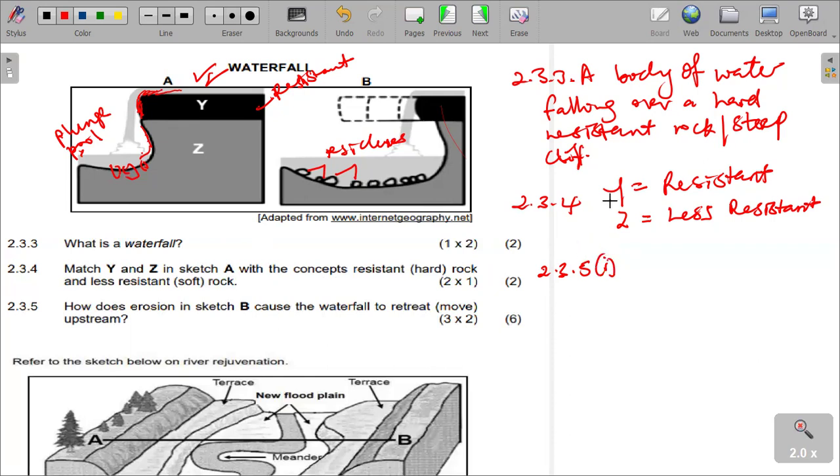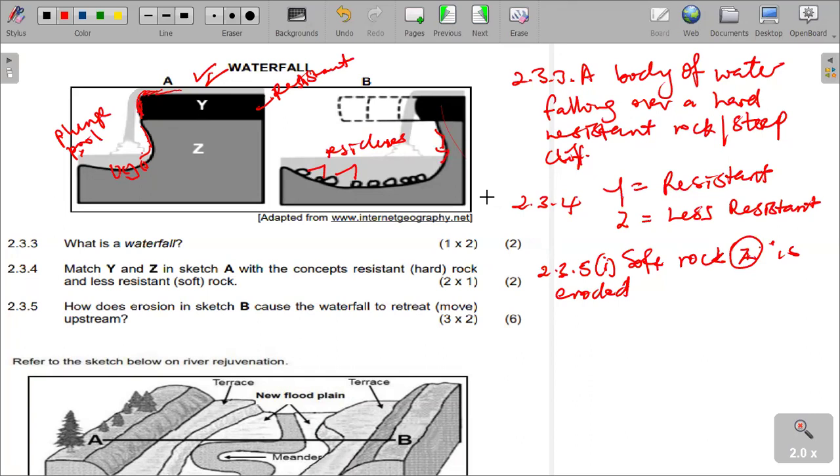We are saying the soft rock is eroded, leaving the overhang. Soft rock, which is Z there, is eroded. As you can see, it is curving inside.